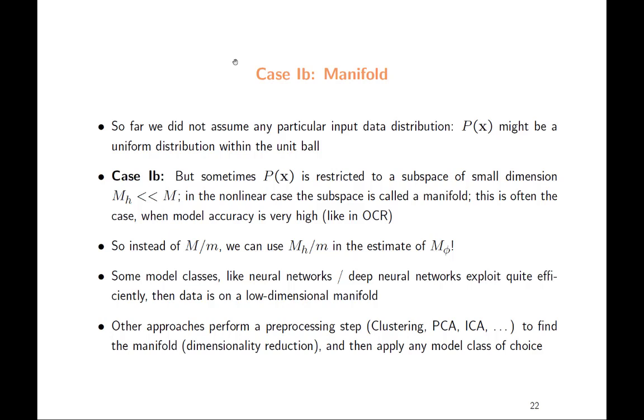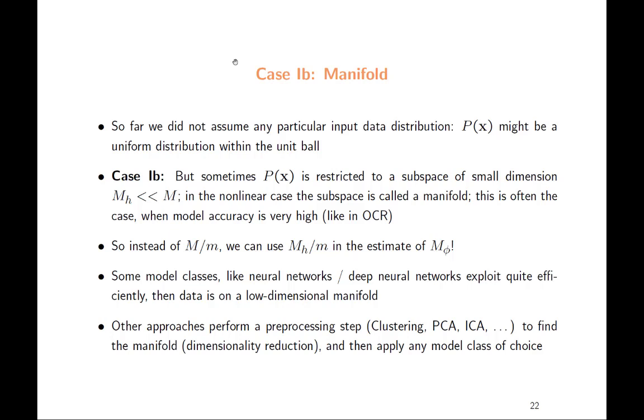But sometimes P of x is restricted to a subspace of small dimension called M sub h, which might be very much smaller than M. And if this subspace is nonlinearly formed, then it's called a manifold. This is often the case, for example, when model accuracy is very high, for example in OCR, where you get a very small classification error, and input data is probably on manifolds.